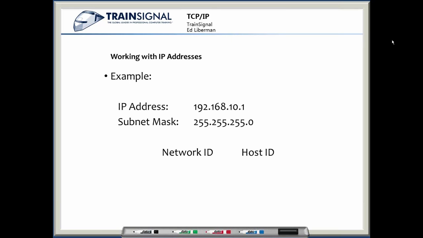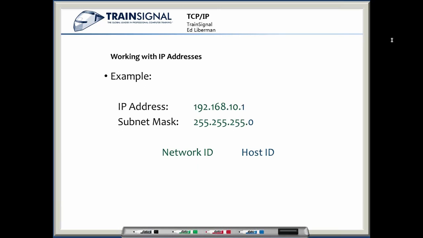Here we have a subnet mask that says 255.255.255.0. And with that subnet mask, for right now, we're going to keep it real simple. We're going to say anywhere there's a 255, that represents the network ID. And anywhere that there's a 0, that represents the host ID.